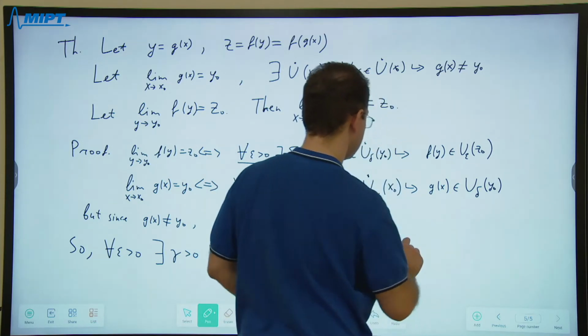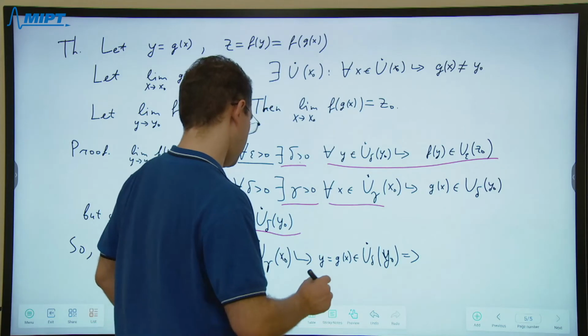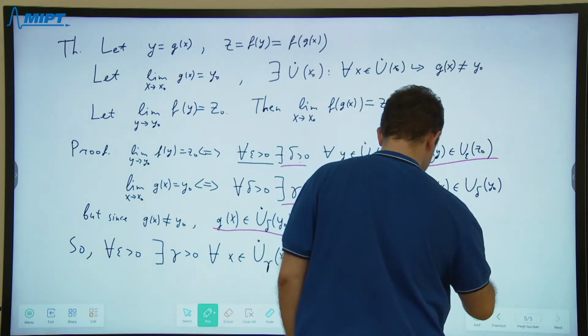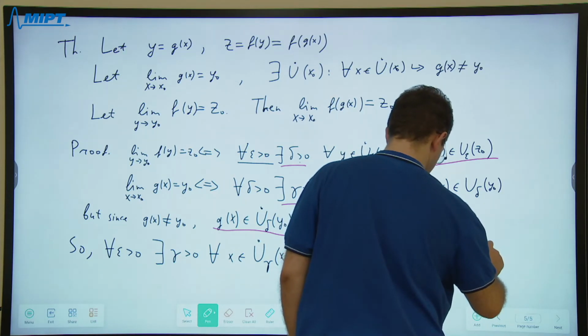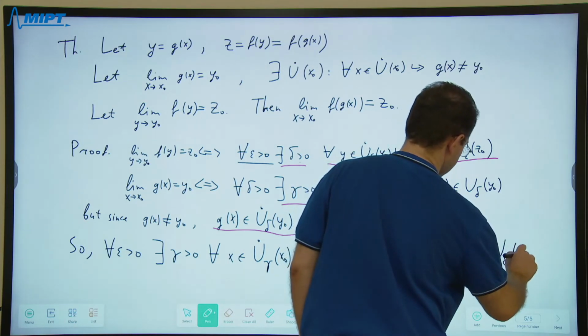Hence, from this line, f of y, which is f of g of x, is from the epsilon neighborhood of z0.